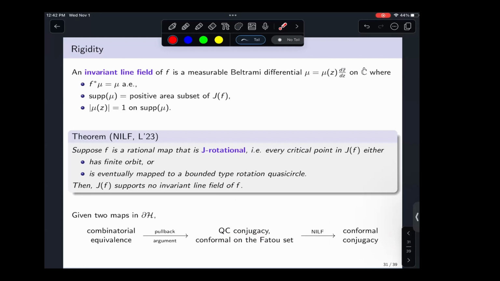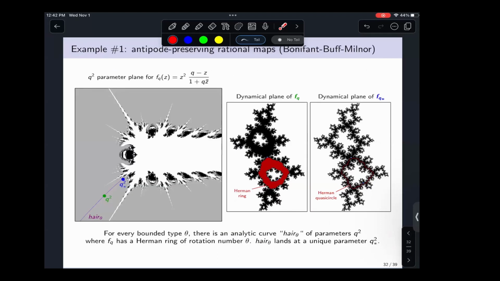Okay, so let's look at some examples. There was a work by Araceli Bonifant, Xavier Buff, and John Milnor on the space of antipode preserving cubic rational maps.